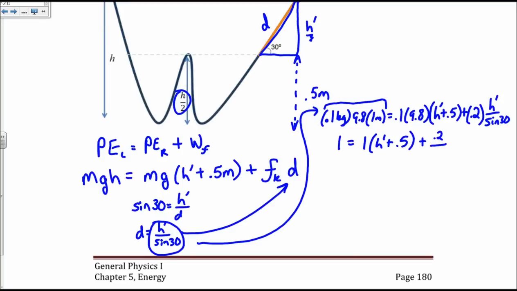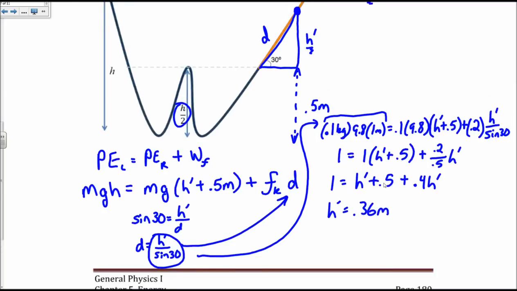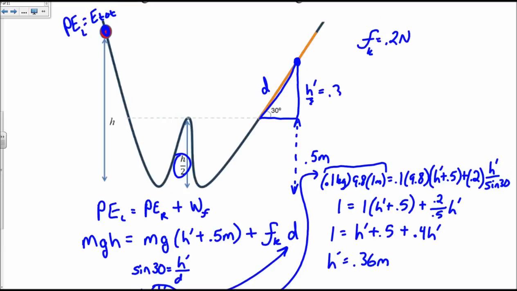It's going to be 0.2 over 0.5 h prime. That should be a 0.4 h prime. And then I solve for h prime. If I get h prime, I find that h prime is equal to 0.36 meters.